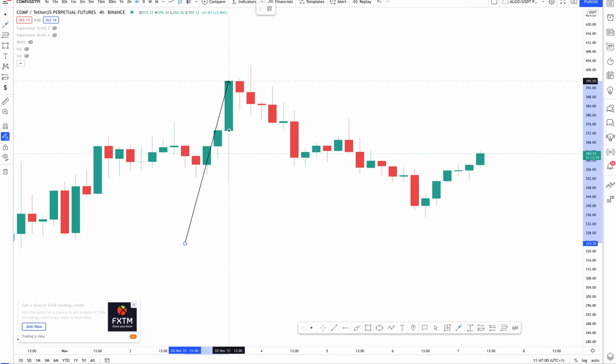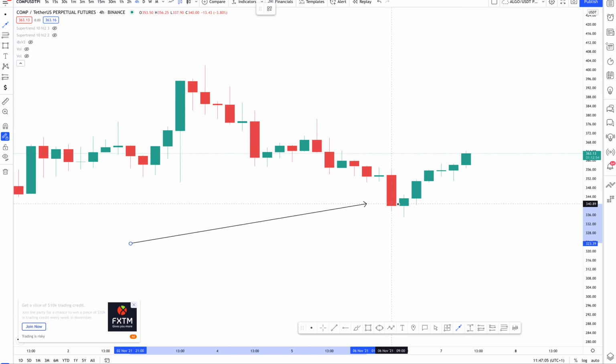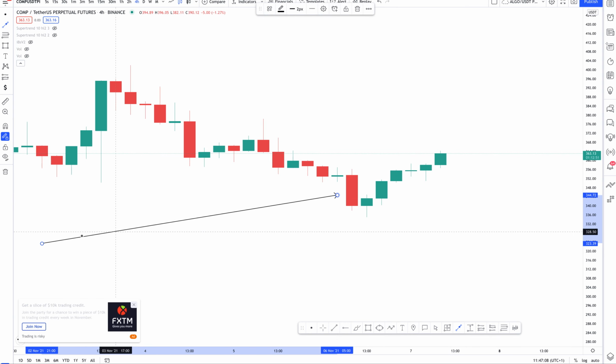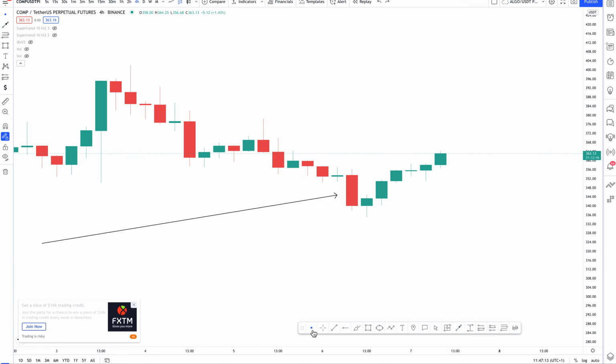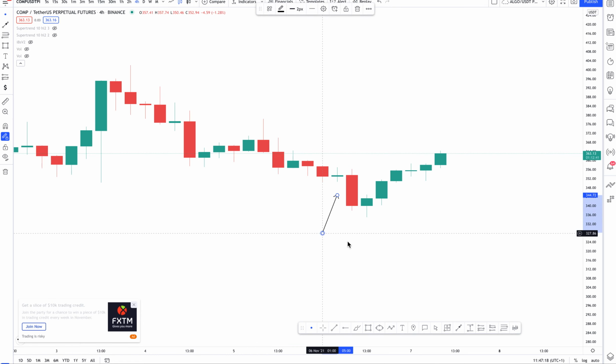Let's use this particular candle. From the open of this candle to the close of this candle, it means it's a 4-hour move. If this is a 4-hour chart, the whole session of this candle represents 4 hours.